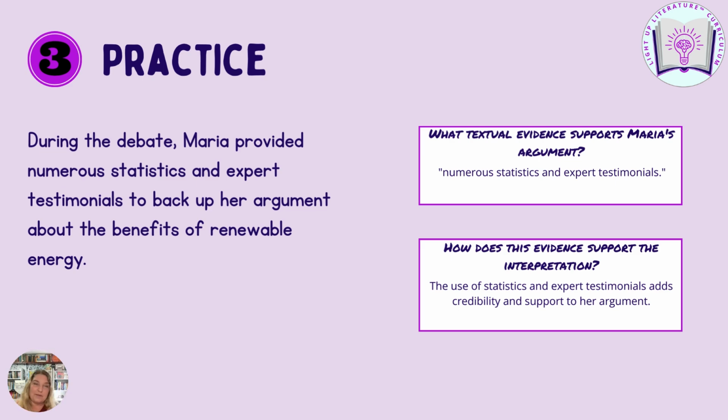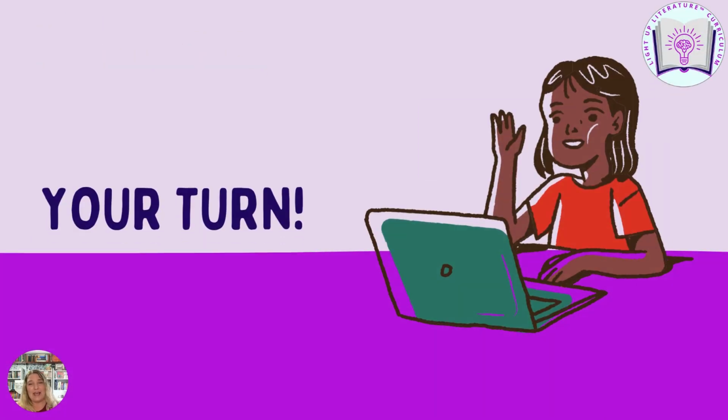She's saying, okay, this came from something that's reputable, not like a Wikipedia, but like a government document or a research lab, something like that. So it's not just, this is what I think. She's using facts to support it. So she has her facts, that's our text evidence, and then she's using that to support her argument, and that's how she's using the text evidence. All right, if you are in my class, go ahead and start working on your practice.